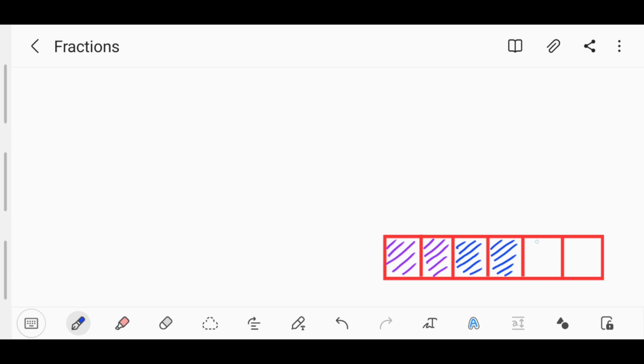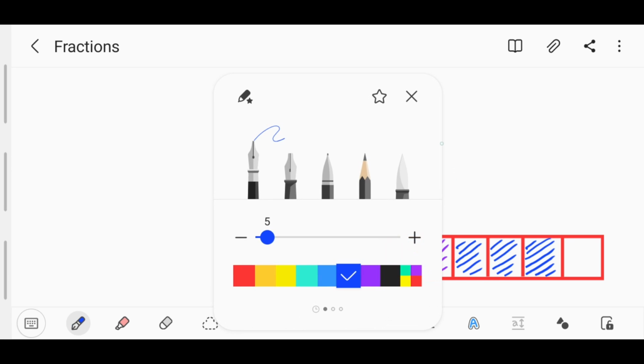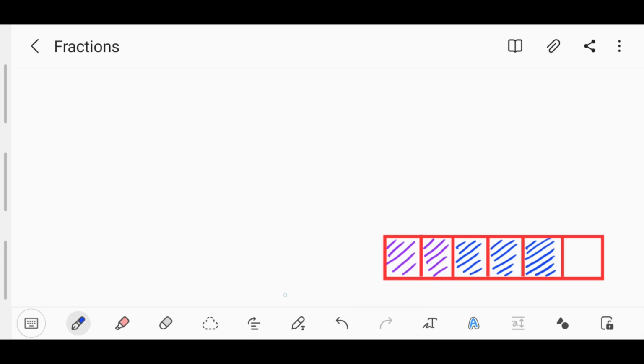So as you can see, this block has been divided into 6 parts. And if we are to represent this as a fraction, we need to know the total number of parts that make up a whole. So that is going to be our denominator in both the fractions, in the purple fraction as well as in the blue fraction. So I'm going to go ahead and write it.